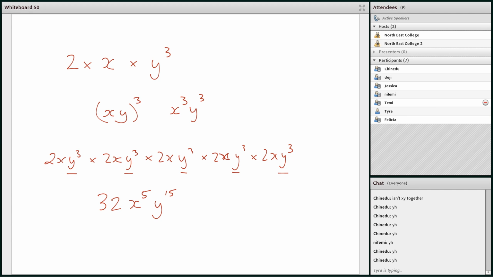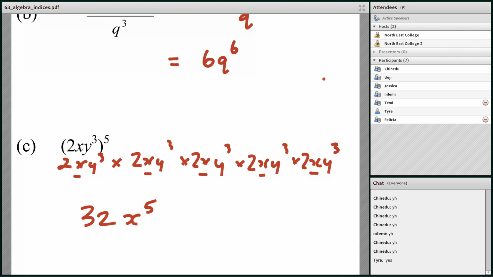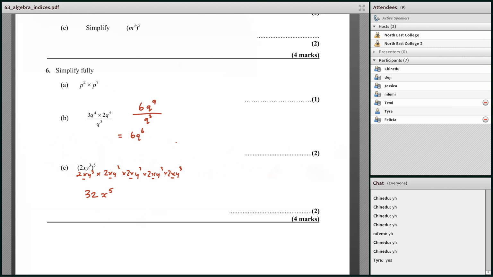Now, be careful, Sinead. Where are you getting the 2 from? I'm assuming your keyboard's frozen. It's going to be 9e to the power of 5, f to the power of 6. Is that right, Chinadu?